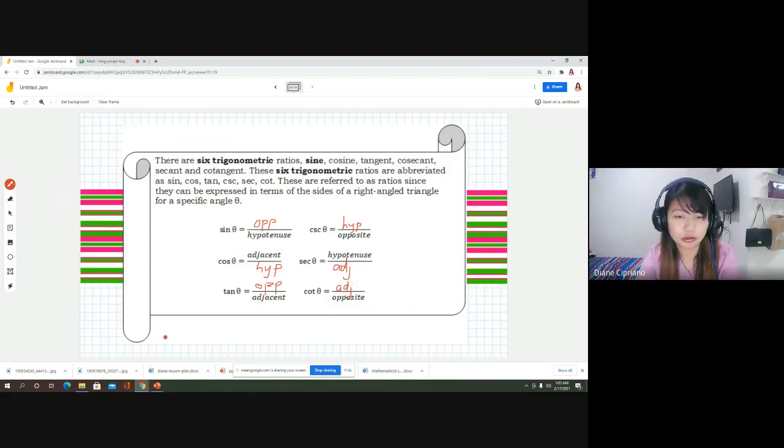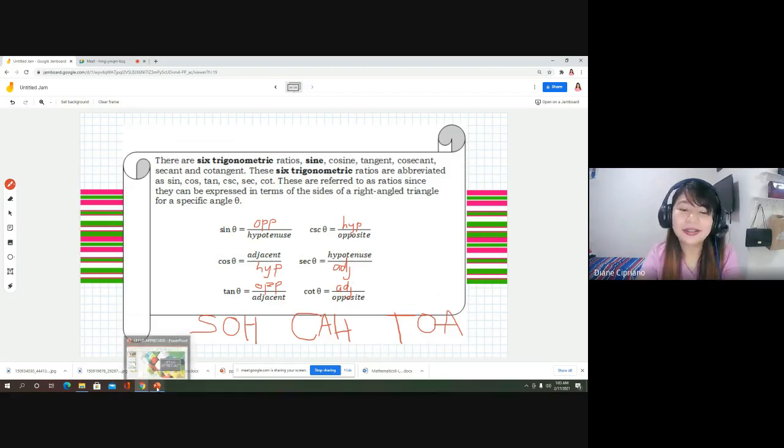So remember the words So Cah Toa, because it will be very helpful for you to remember the 6 trigonometric ratios. Okay, now we are done with our Jamboard.